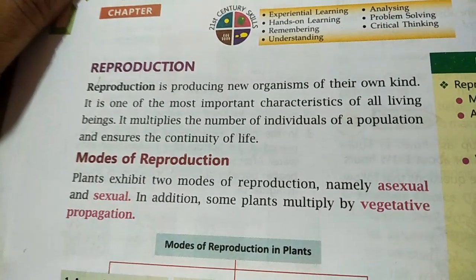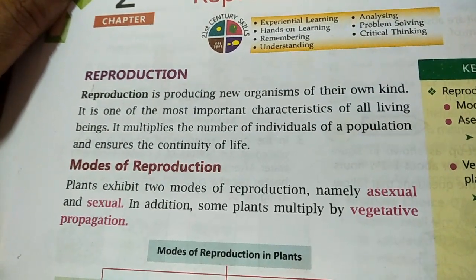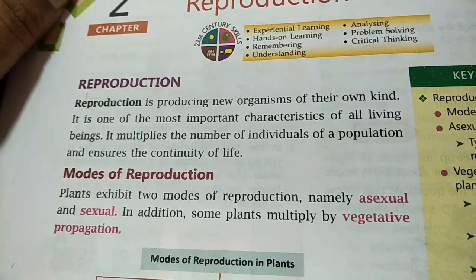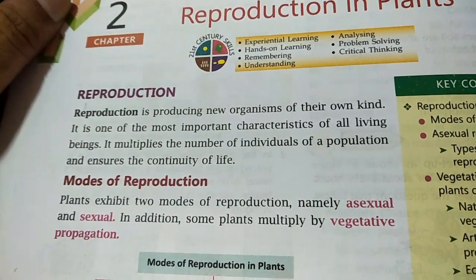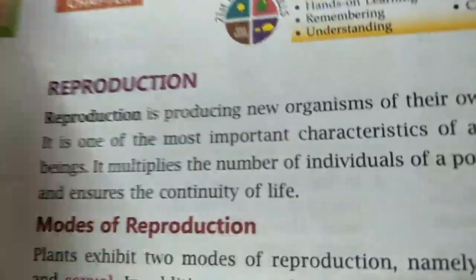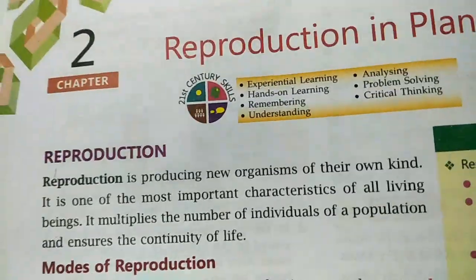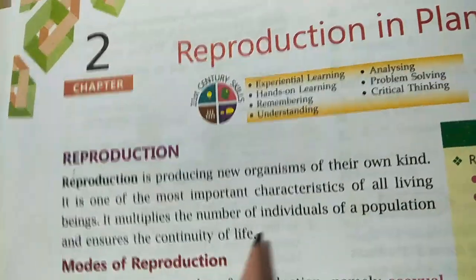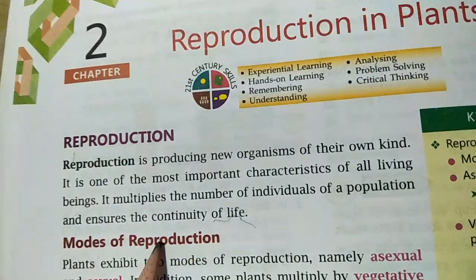It is one of the most important characteristics of all living beings. It multiplies the number of individuals of a population and ensures the continuity of life. So, it is important that we consider that reproduction is required for actually the continuity of life.